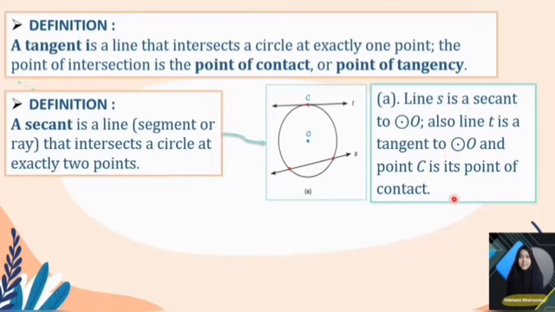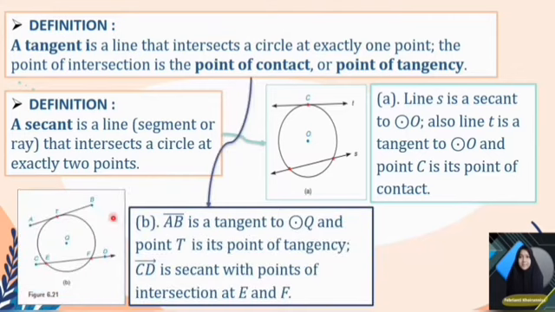In figure B, line segment AB is tangent to circle Q, and point T is its point of tangency. Line segment CD is a secant with points of intersection at E and F.